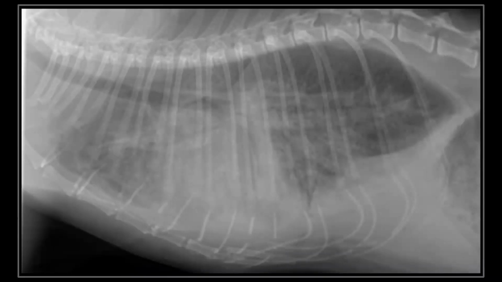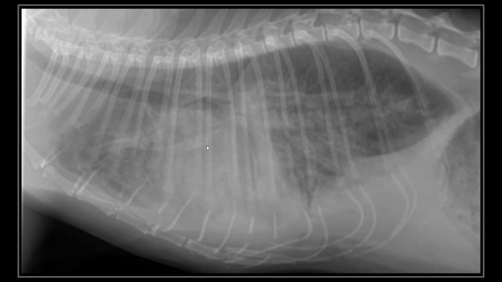Okay. All right, so now we're going to look at some examples. So this is a cat that is most likely in heart failure. We can see that generally the cardiac silhouette, it's hard to see the exact margins. The margins are not really distinct, secondary to the pulmonary pattern around it, but overall that silhouette looks relatively enlarged for a cat, especially an older cat.